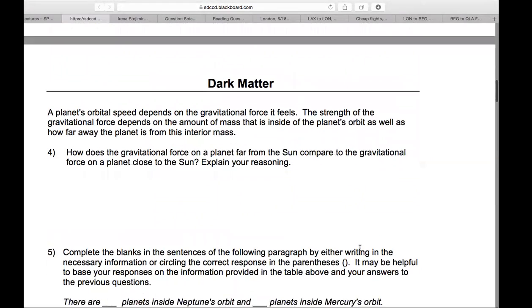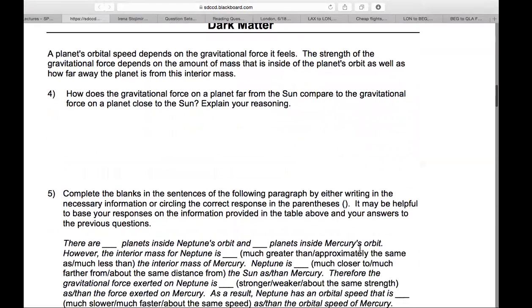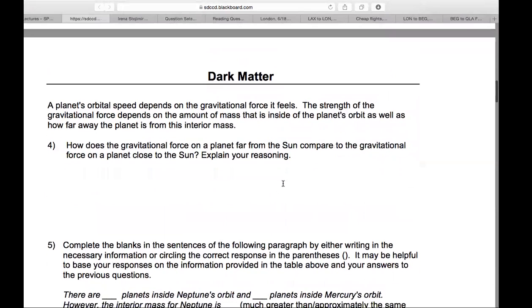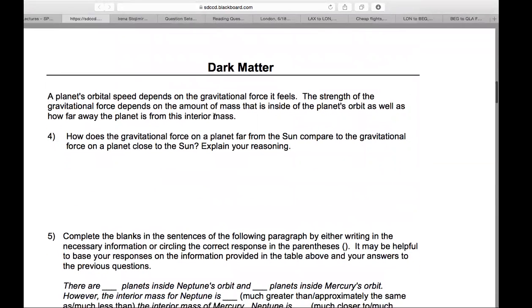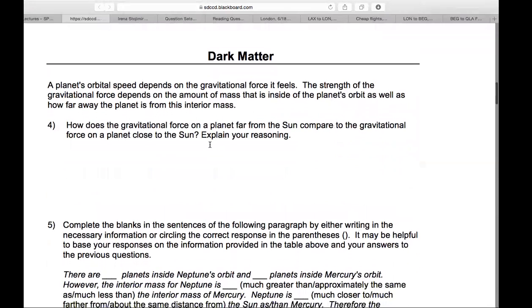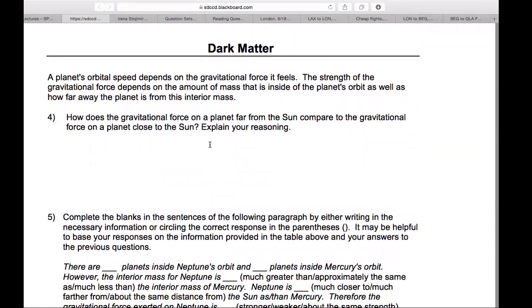Can you repeat the question one more time? Sorry, I think I knew the answer. Yeah, what I'm asking is actually explained before question 4. Why would planets slow down as you look further and further away from the sun? Because there's less force on them. Exactly.